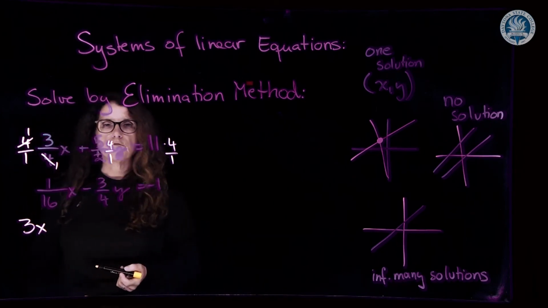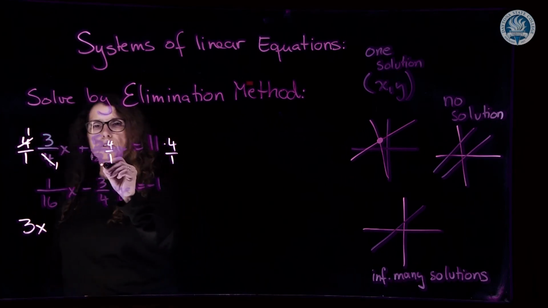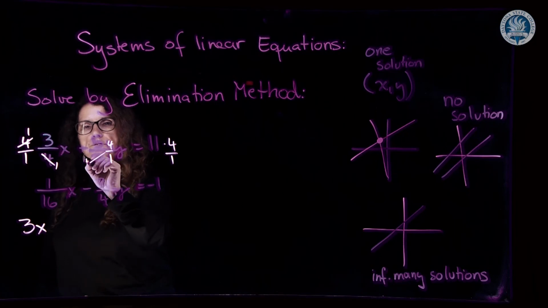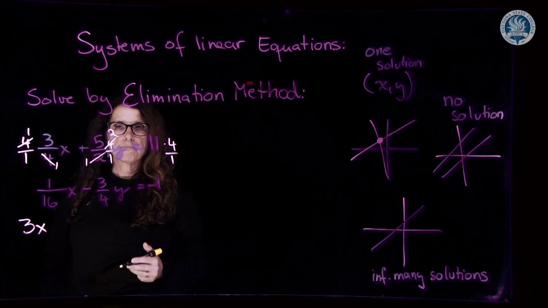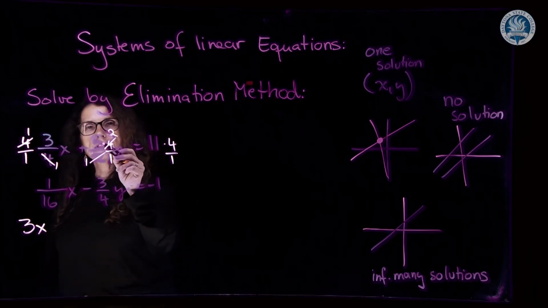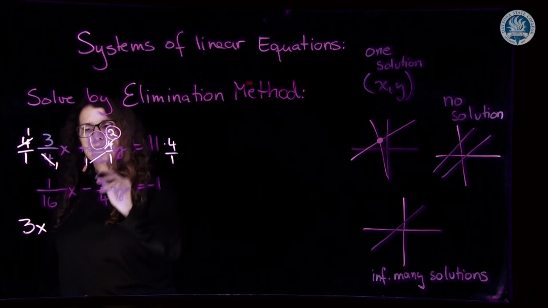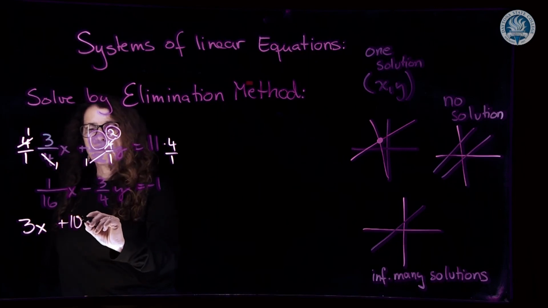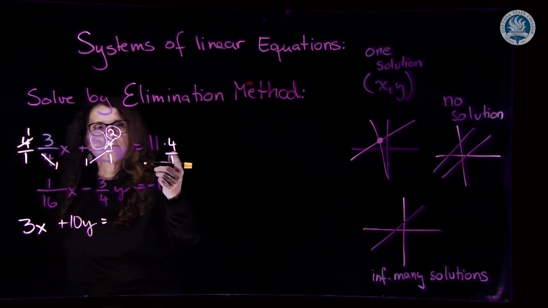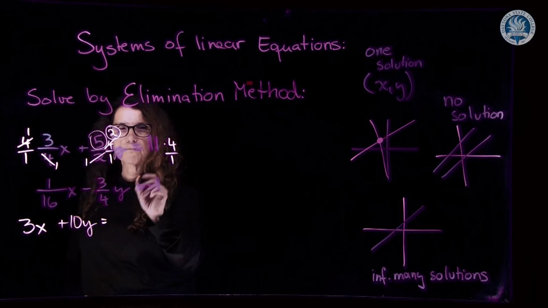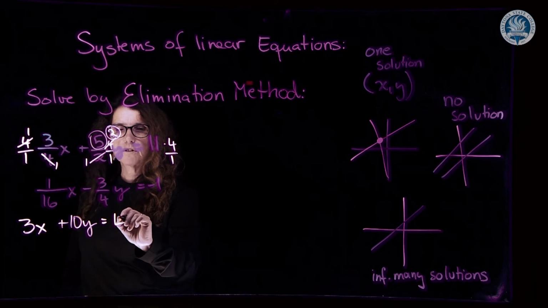Now I'm going to the 5 halves times 4 over 1. 2 goes into 2 once and into 4 twice. I've cleared the denominator. 5, don't forget this 5 here. 5 times 2 is 10y. Now that is equal to, there's nothing I can reduce, so I just multiply 11 times 4, which is 44.